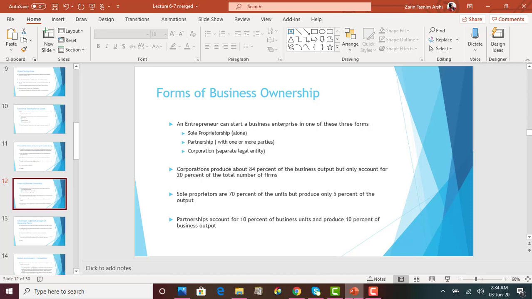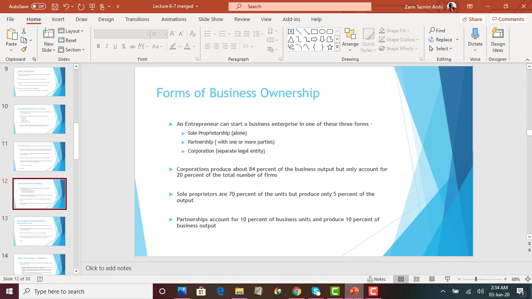And finally, we have a corporation, which are basically huge, like if we talk about Samsung, if we talk about Apple, if we talk about Dell, then we are talking about corporations. Okay, these are huge. There are a large number of owners, a lot of shareholders, owners, stockholders, and the corporation is separated out from personal assets and liabilities.